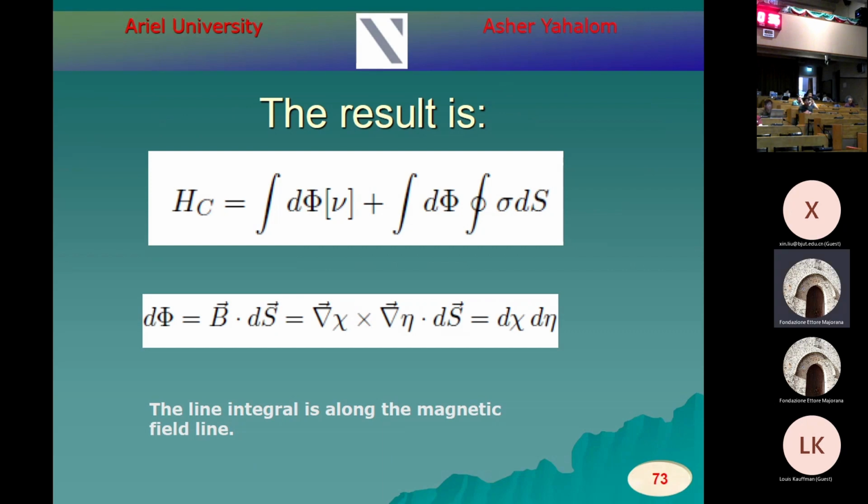So when you put everything in the cross-helicity, you come out with 2 terms. We have an integral over the flux, d phi is the magnetic flux, which is also d chi d eta, and the other term is also an integral of the flux, integral over sigma ds. It's along a magnetic field line.